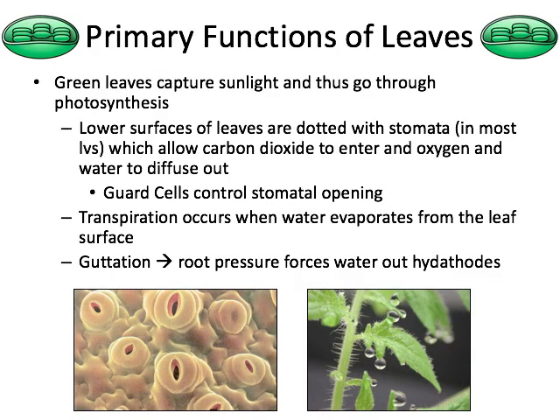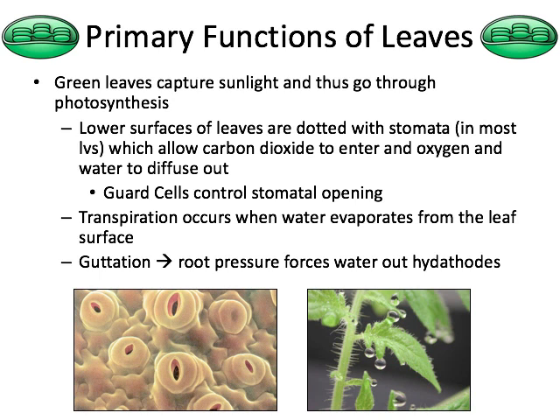The primary function of leaves is to do photosynthesis because, as you can imagine, most leaves are green because they contain the pigment chlorophyll. Now, the structure of these leaves is important in that it really allows these plants to do photosynthesis efficiently.